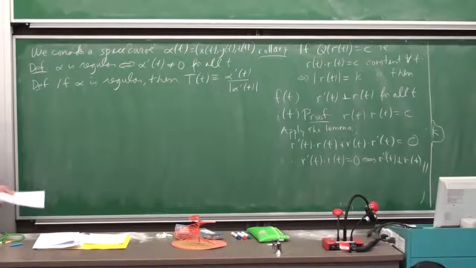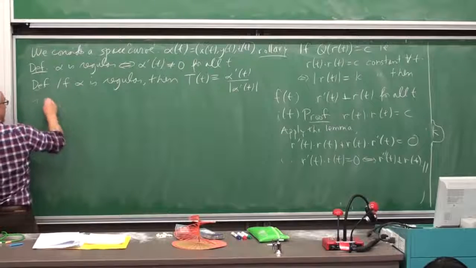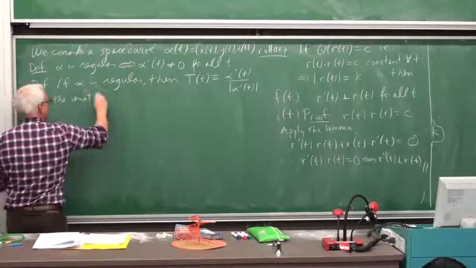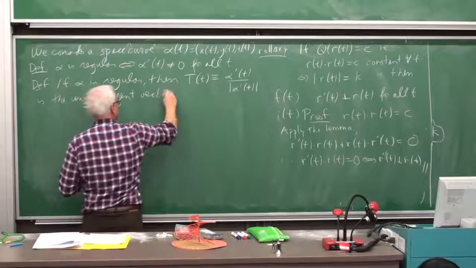So it's the derivative divided by the length of the derivative. So this is called the unit tangent vector.